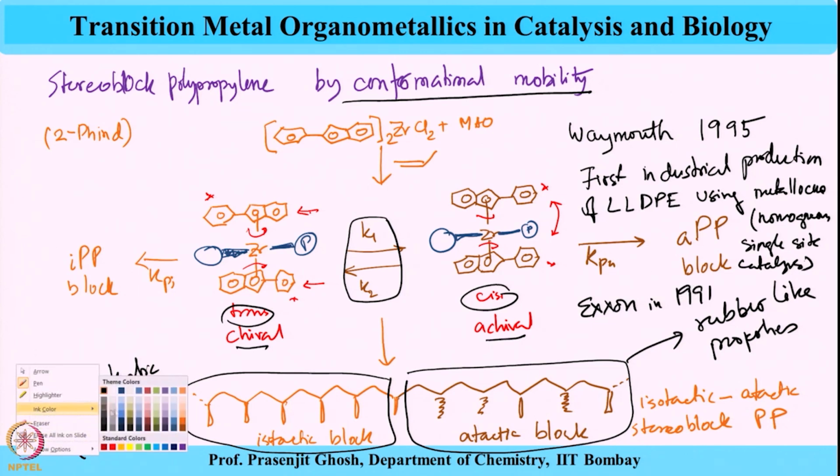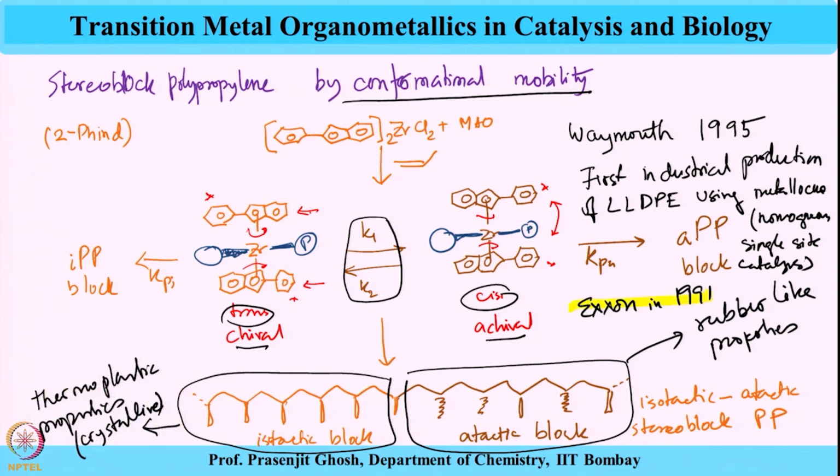So, this is a significant discovery in the sense that one is more familiar with heterogeneous catalysis being used for industrial scale application, but here the catalysis is based on a homogeneous catalyst, which is not often the case in most situations, and it was used by Exxon for producing LLDPE. So, this is a tremendous success for homogeneous catalysis.